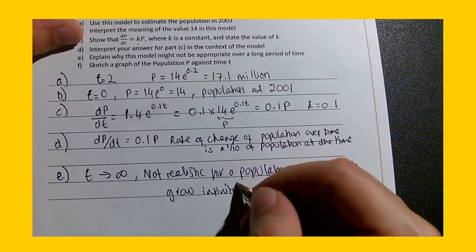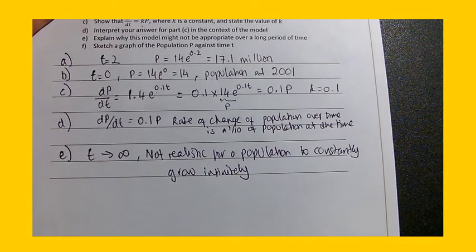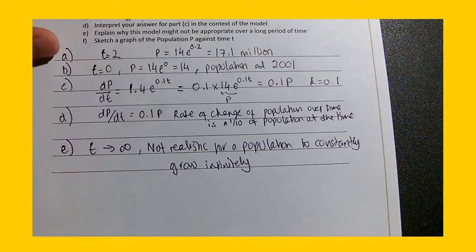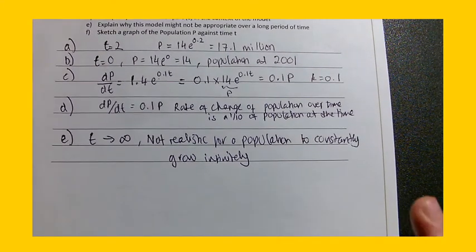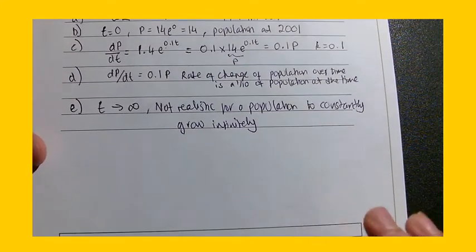So this model has its limitation. And obviously, if you think about the world population today, there is a certain time at which the population of the world will level off at a certain value. So it's not always going to be increasing.